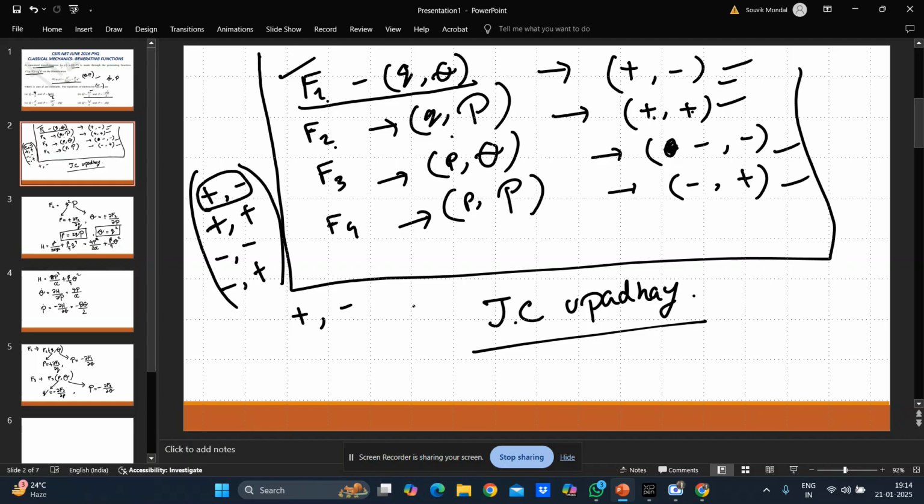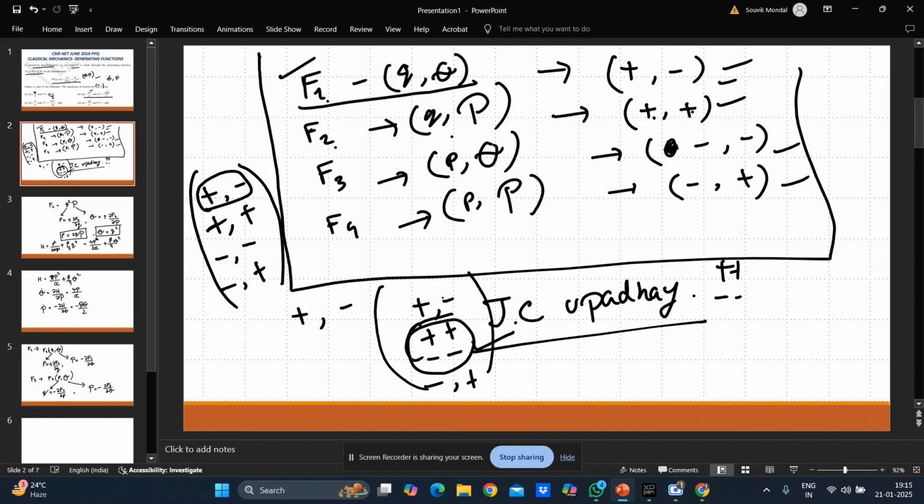If you remember the first one is plus minus, then you can remember the next one is both positive, the next one is both negative, and the remaining one is minus plus. So among these four, the middle two are both plus and both minus.